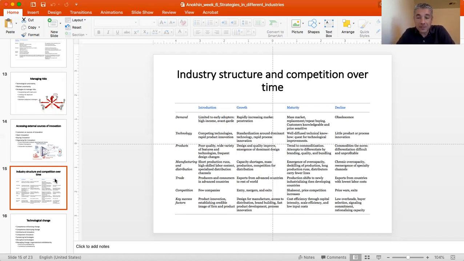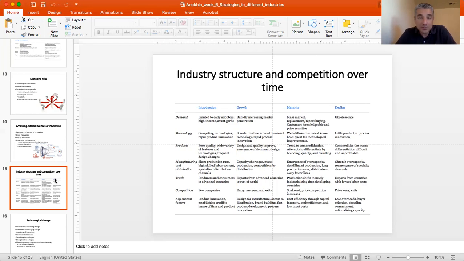At the maturity stage, you're dealing with a mass market. At this point, people don't necessarily want new, better things. They simply replace the products that they already have, right? There is a life cycle for products, and as it breaks down, or maybe there's new technology that makes it more efficient, they replace the old ones.